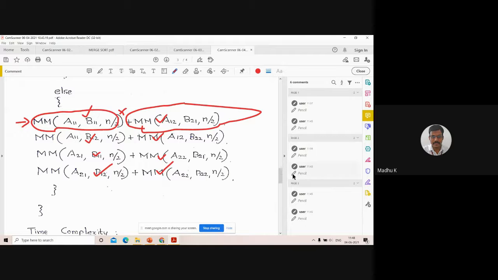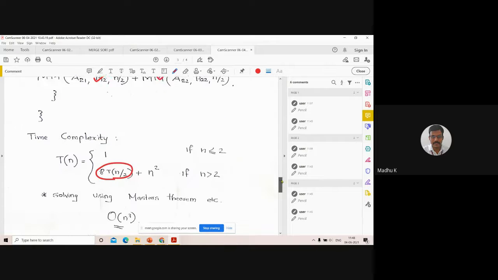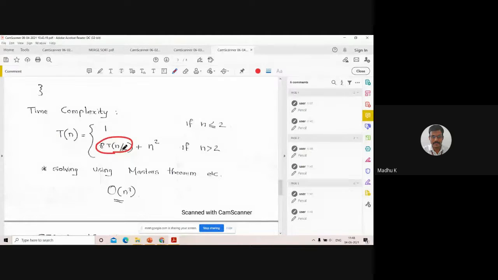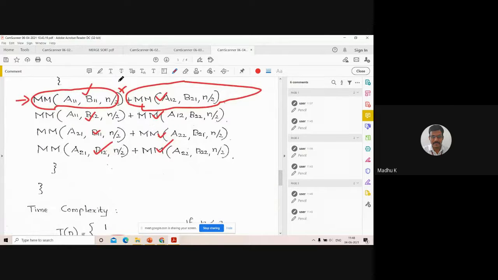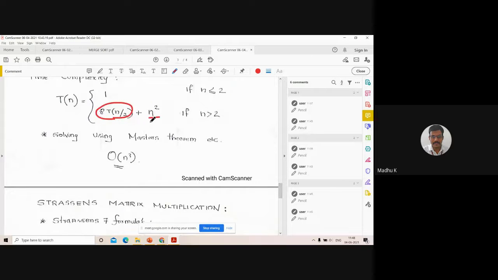There are 8 multiplication calls. So 8 into T of n by 2 plus n square. What is n square? Each time we are performing an addition. This is plus, this is plus, this is plus. That is 4 times we are doing the addition.